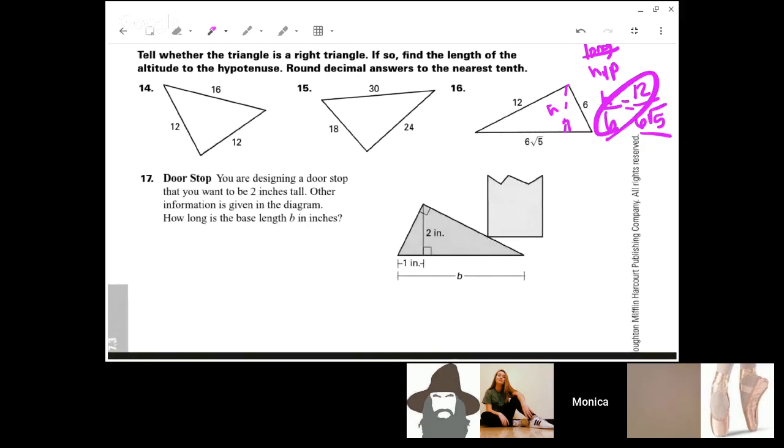Okay, so let's look at 17. It's not 1. For 17, you're designing a doorstop that you want to be 2 inches tall. Other information is given in the diagram, so there are more numbers over there. How long is the base length B in inches? If we look at that, B is what measurement for the big triangle?